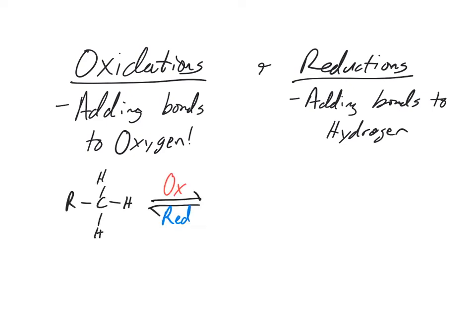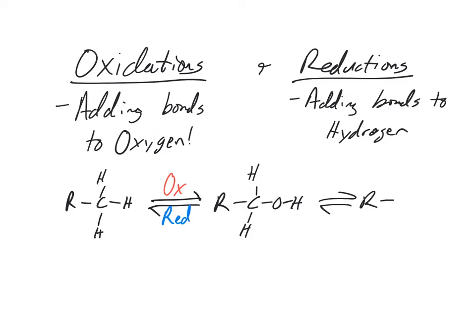So you start with an alkane, practically this, with 3 bonds to hydrogen. If it was going in this direction, going back in the blue is reduction. If it was going to oxidize, we would add a bond to oxygen. So we turn from an alkane to an alcohol. And we want to further oxidize this. Again, remove another hydrogen.